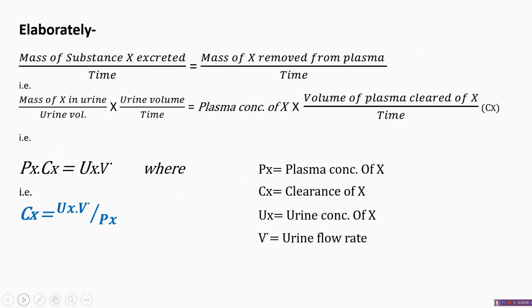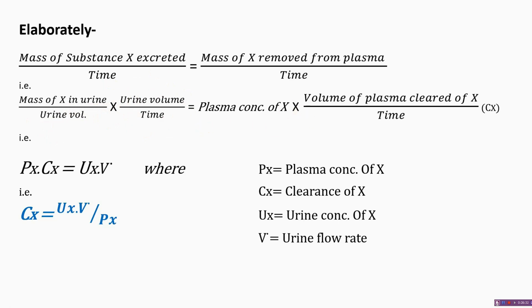Now, how the equation is derived: we know that the mass of substance excreted per unit time should be equal to the mass of X removed from plasma per unit time. Breaking these into parts, the mass of substance excreted per unit time is the mass of X in urine per unit volume, that is the urine concentration of the substance, times the urine volume per time, that is the urine flow rate.